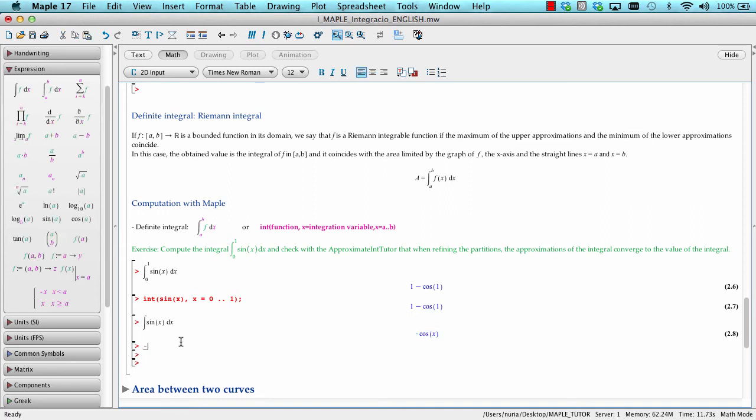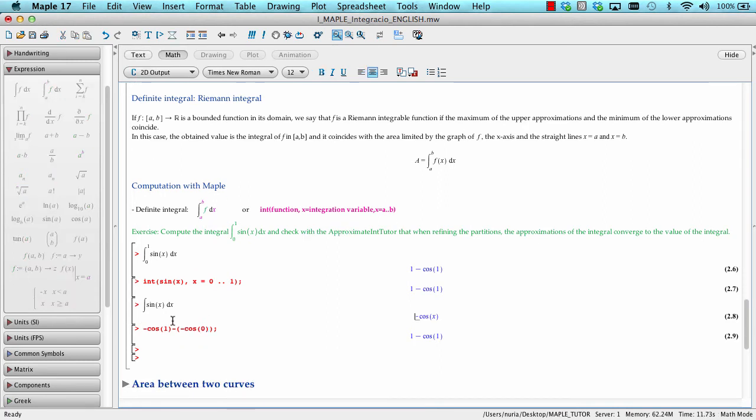And now what I have to do is evaluate the antiderivative at the ending point minus the antiderivative at the point 0. So in this case it would be minus cosine of 1, minus minus 1, which is plus 1, so 1 minus cosine of 1, okay? So instead of computing the area of the rectangles, what we finally do is compute an antiderivative, and then we evaluate the function at the end point minus the function at 0.